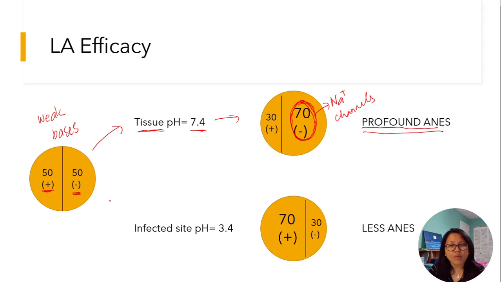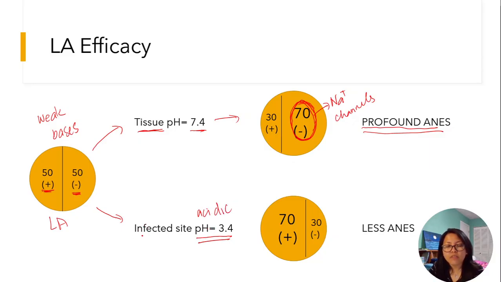Now, what happens when there's an infection? So this is your local anesthetic with its ideal charge, 50 charged and 50 uncharged molecules. Once you inject it in an infected site, having a pH of 3.4, which is very acidic, right?